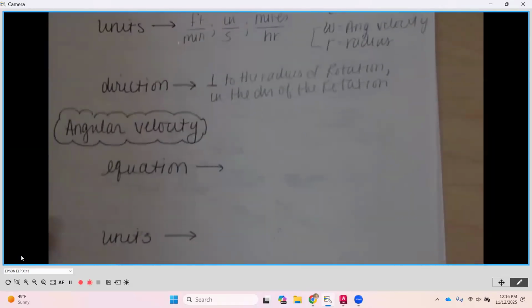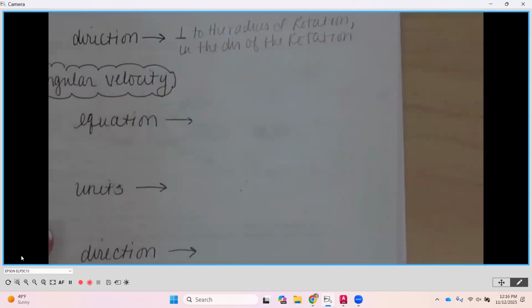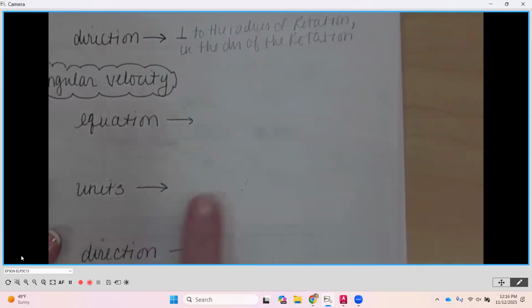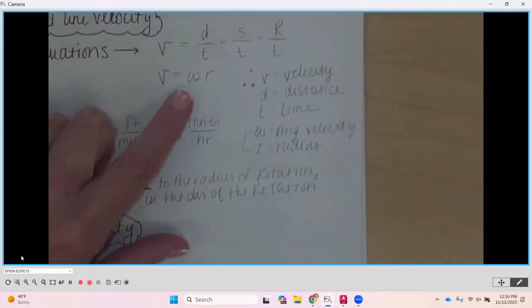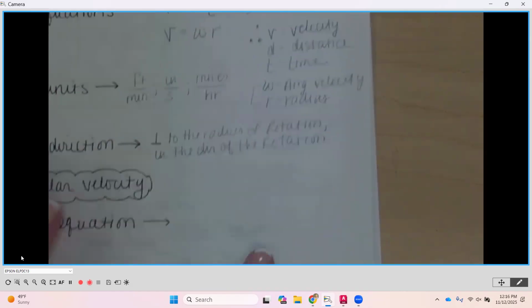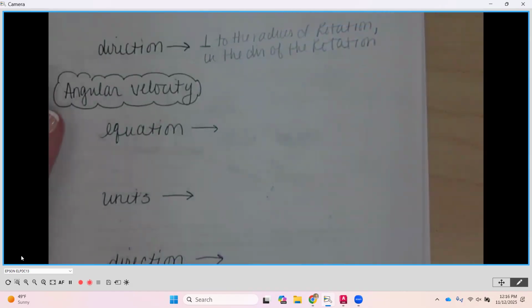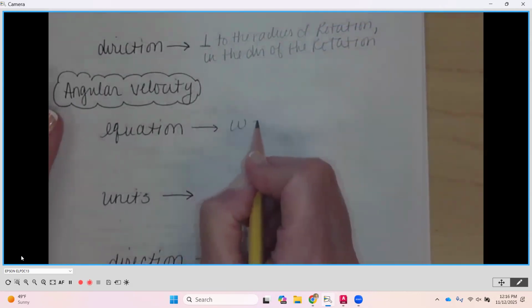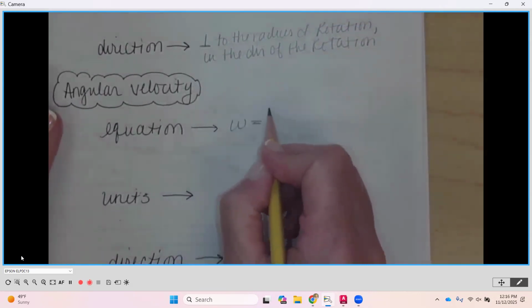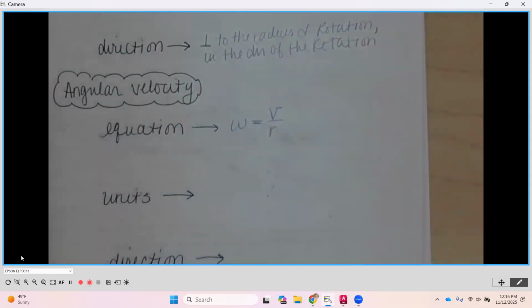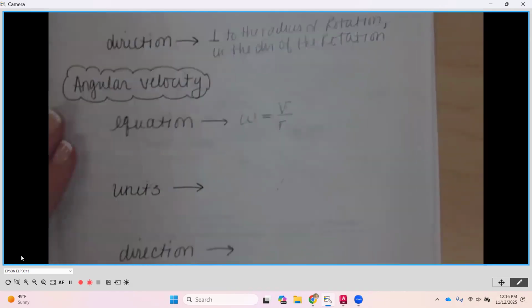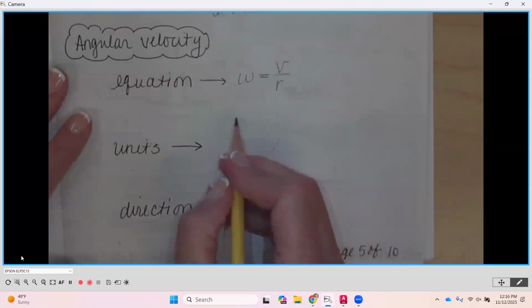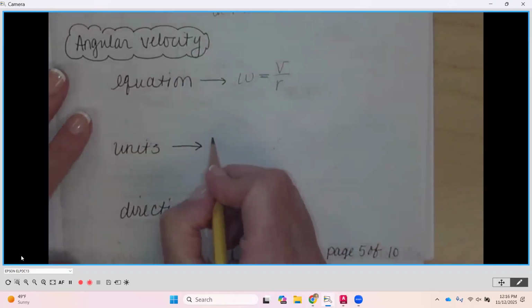So let's look at angular velocity. Angular velocity, to calculate it, we're actually just going to rearrange this for W. Our variable for angular velocity, or rotational speed or rotational velocity, is going to be W equal to V over R. Okay, V over R. Now, Joseph, here are our units. Units here for angular velocity are going to be RPMs, or revolutions per minute.